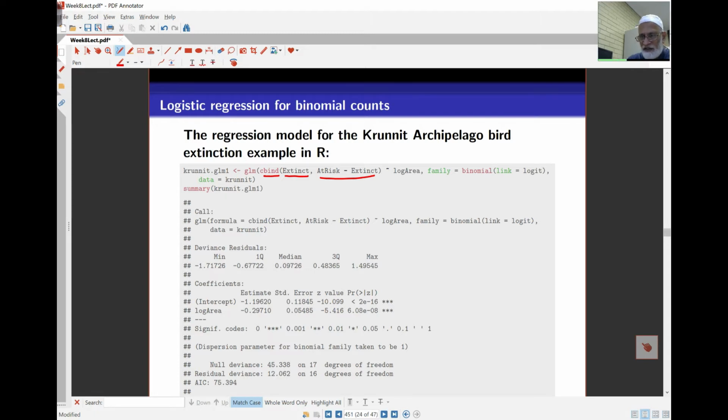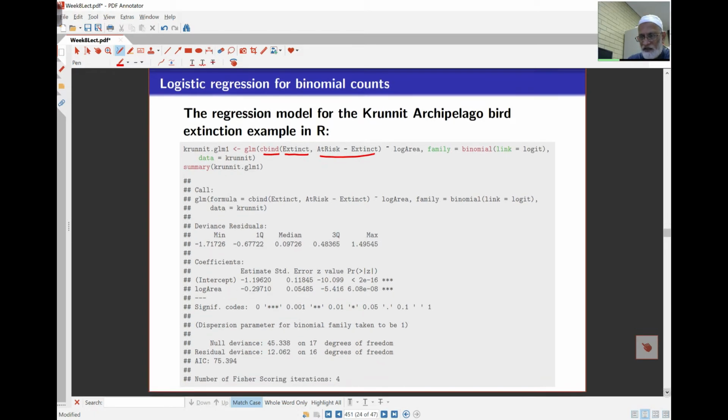And the output here is very similar to what we've seen earlier with the earlier model with Bernoulli data. We have the same summary over here with the variables and the p-values, and nothing else changes. As we saw earlier, for the null deviance, altogether how many observations did we have?